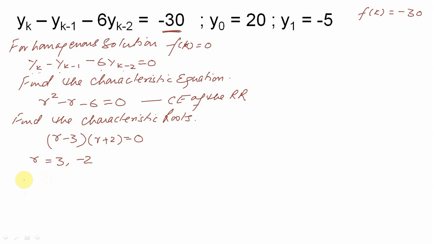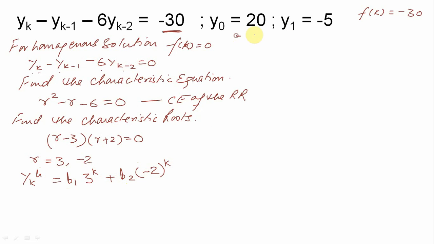We once again use the table that we talked about in the previous session to find the homogeneous solution, and we get yk homogeneous is equal to b1 times 3 to the power k plus b2 times minus 2 to the power k, right?